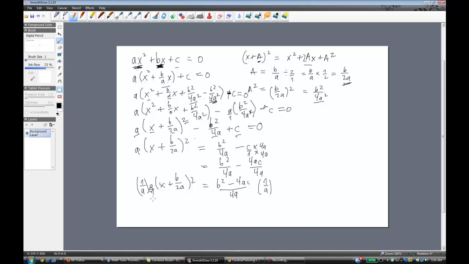And after doing so, these cancel, and we are left with simply x plus b over 2a squared equal to b squared minus 4ac over 4a squared, multiplying numerators and multiplying denominators.